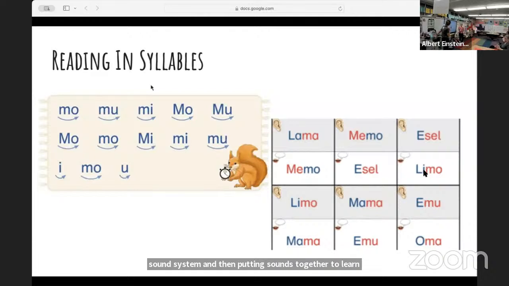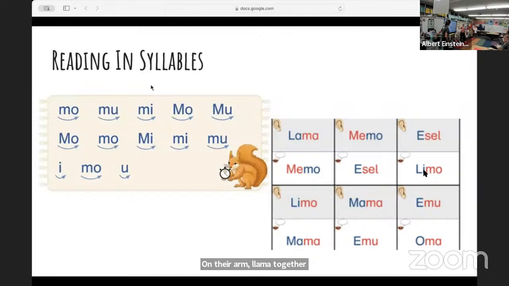And we want them to be super fluent, like if they sing that to me because they've read it so much and it sounds like mo mo mi mo mu mu mo mo mo mo mi mi mu mu. That's how fast I want them to read the syllables so that they can then easily put them together and put 2 syllables like lama together.